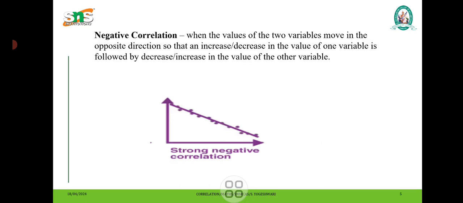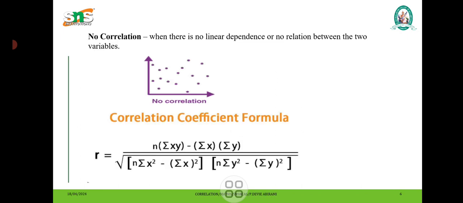Negative correlation, when the values of the two variables move in the opposite direction, so that an increase or a decrease in the value of one variable is followed by a decrease or increase in the value of the other variable. No correlation, where there is no linear dependence or no relation between two variables, so this is called no correlation.